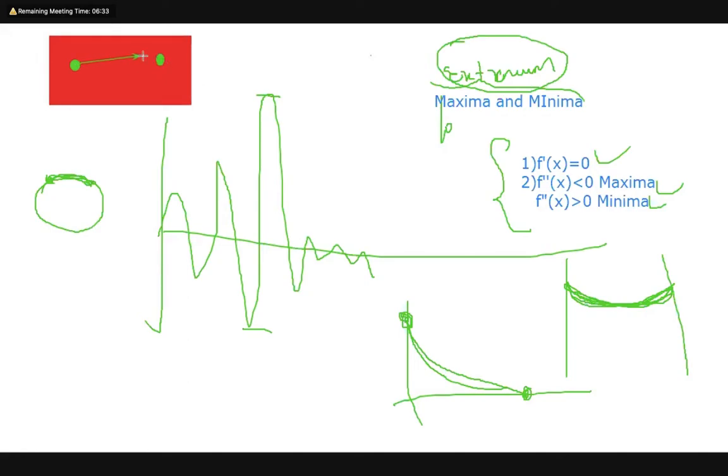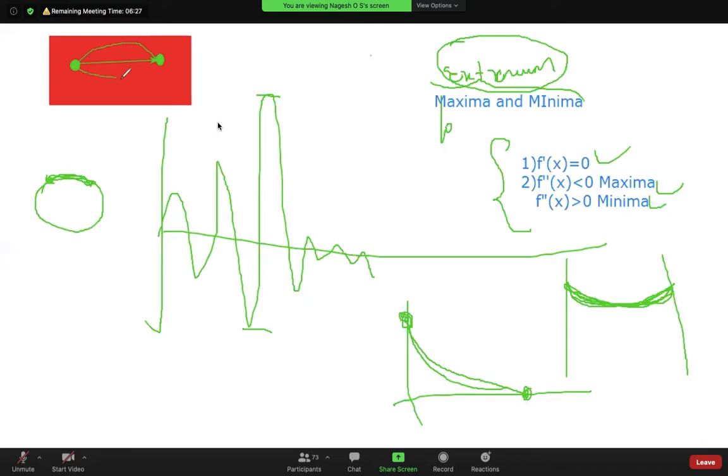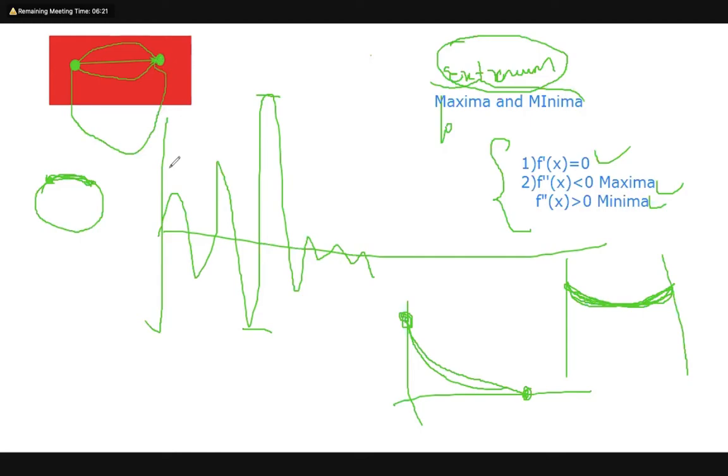Whether this is the shortest distance, or this, or this, or this one is the shortest distance. Which one? This is 1, 2, 3, 4. Which one is the shortest distance?